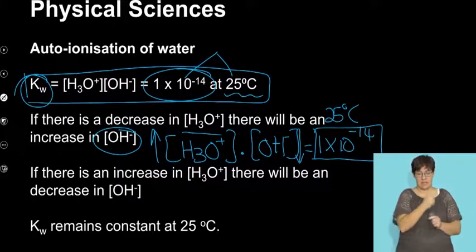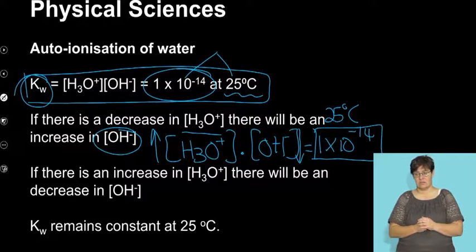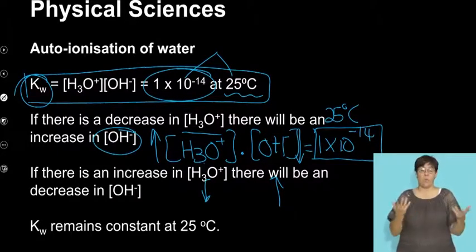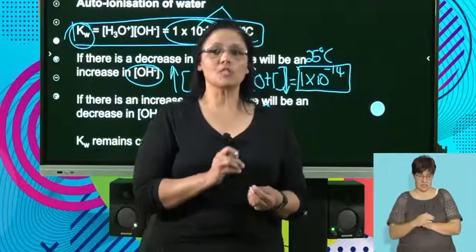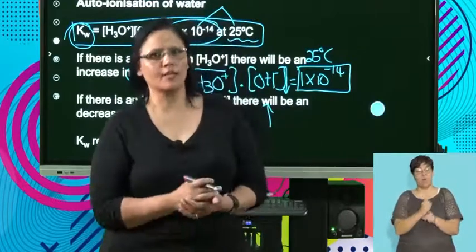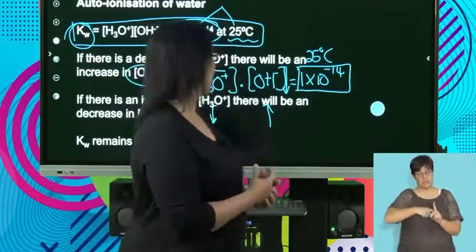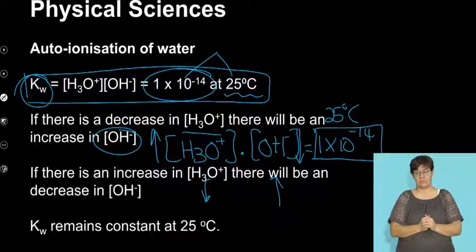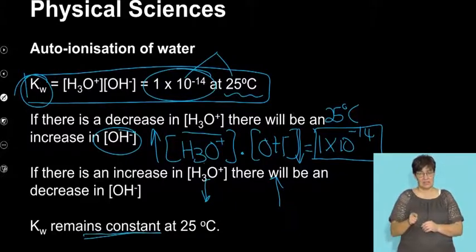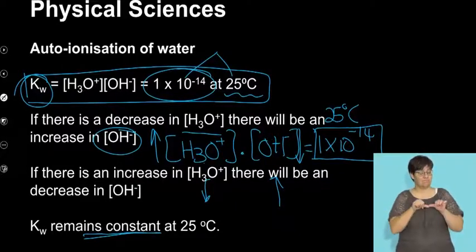And if there's a decrease in the hydronium ion concentration, then we will have an increase in the hydroxide ion concentration. And this, again, can only happen at 25 degrees Celsius because Kw is only affected by temperature.